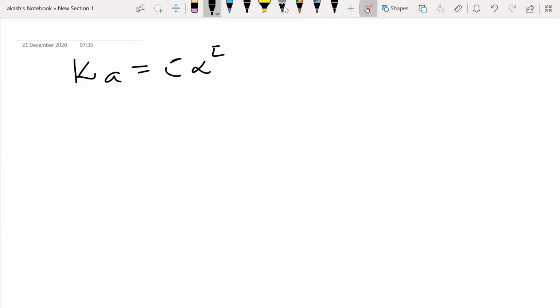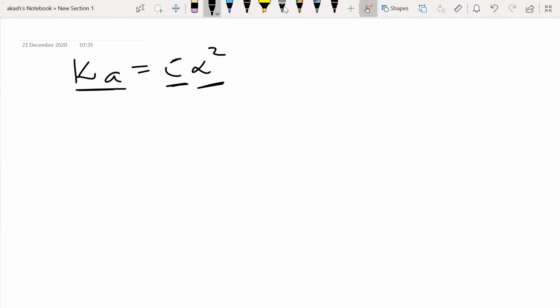Obviously, I have C alpha squared by 1 minus alpha, but we can just take this, no issues. So Ka is equal to C alpha squared. There is no alpha given to you, but they need the Ka value, correct? Concentration is given, 0.08 M. So somehow if I can find alpha, that is going to solve my problem.